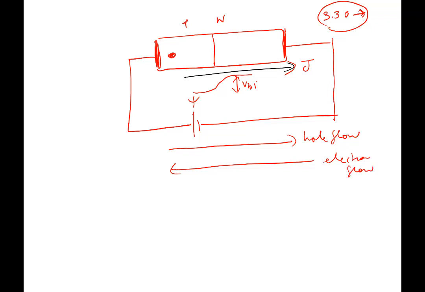Okay. Why are the holes finding it difficult to go from left to right? Because there's a barrier, right? There's a barrier, VBI. Same way, the electrons also see a barrier of VBI. So both electrons and holes see a barrier.